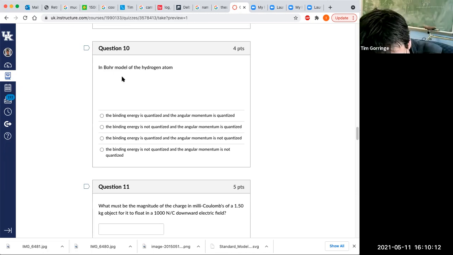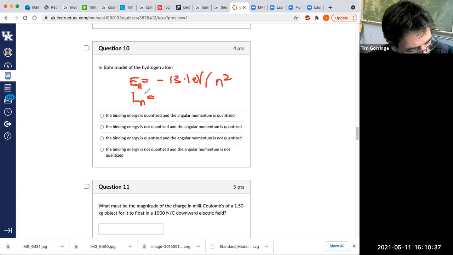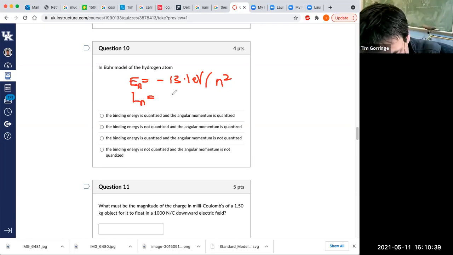So in the Bohr model, based on that wave-particle duality, we came up with an expression for the binding energy, this expression here, and we came up with an expression for the angular momentum of the electrons, and it was this expression here.